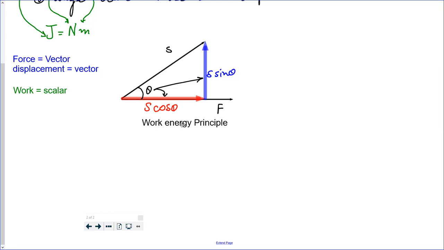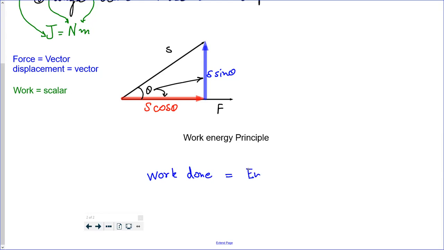Simple. Work done is equal to energy transferred.